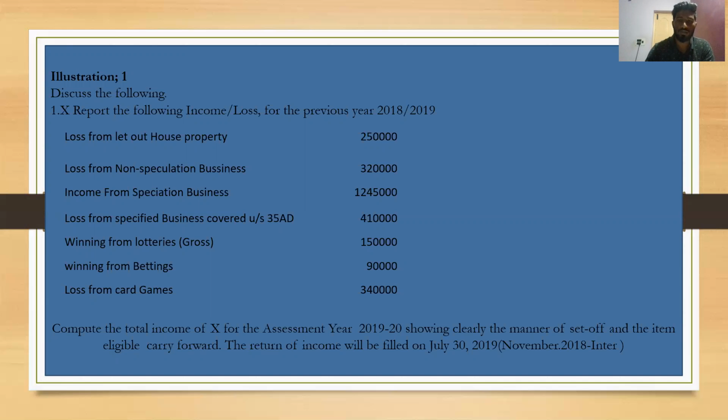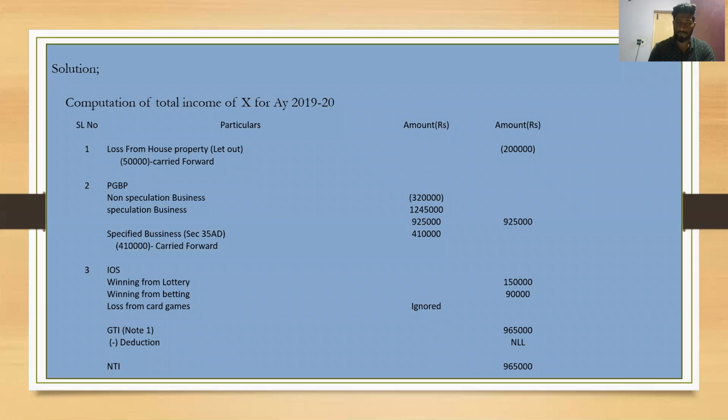Yes, we are getting a profit of rupees 12,45,000. When we have a profit of 12 lakh from speculation business, you need to see whether we can set off the losses of non-speculation business. Yes, we can set off that amount. So 12 lakh 45,000 minus 3 lakh 20,000 amounts to 9 lakh 25,000 after setting off.